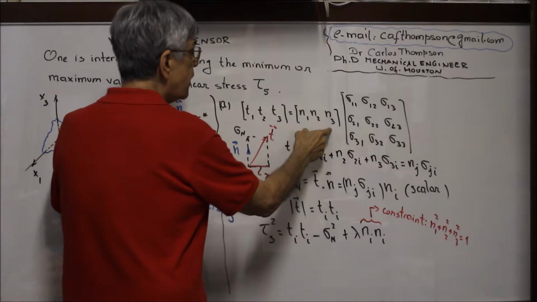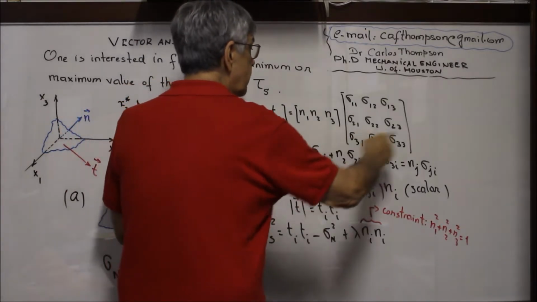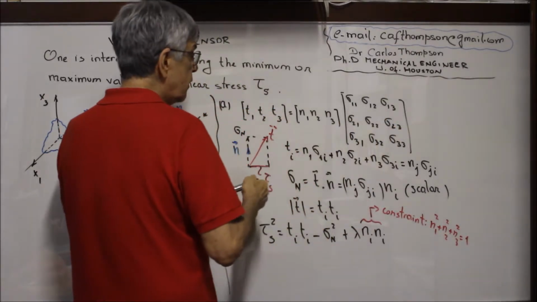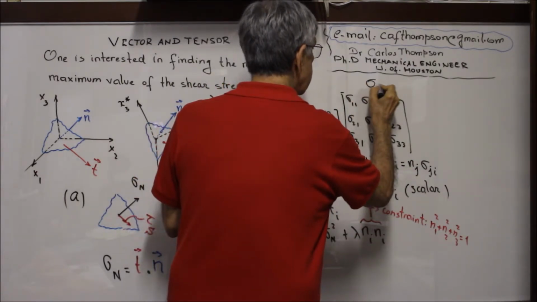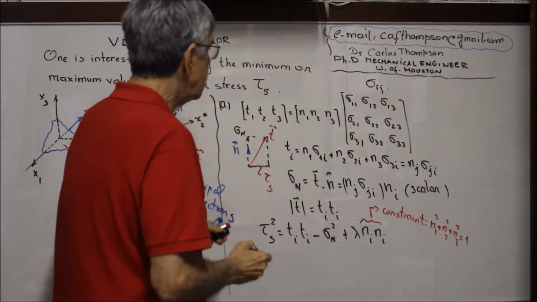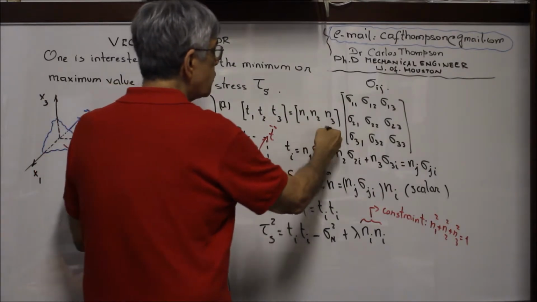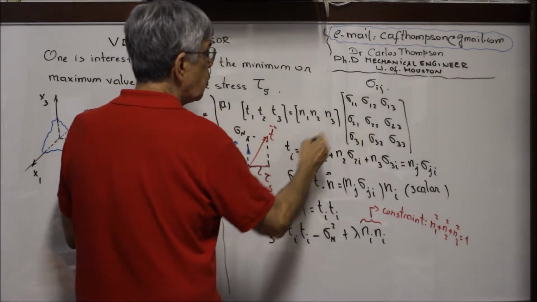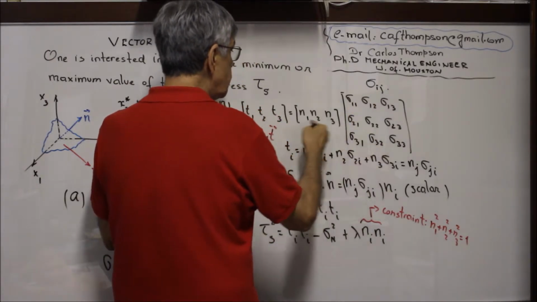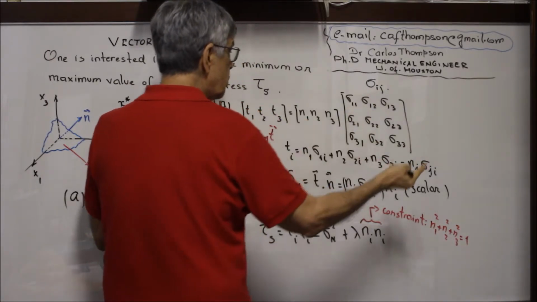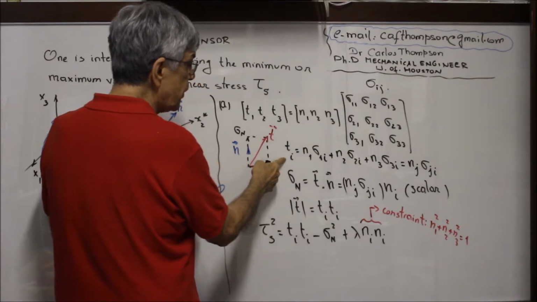This is N1, N2, N3, and this is the stress tensor, sigma ij, over here. Now just multiply. First row, first column will be T1. First row, second column will be T2. First row, third column will be T3. So put Ti over here.